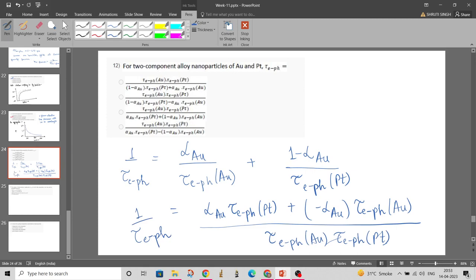So on taking the inverse, this term will go up and this term will go down.